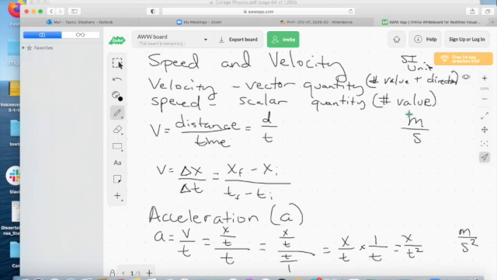So our acceleration is velocity over time, so it's going to be meters per second divided by seconds, which is meters per second squared. Each equation is going to build off a past fundamental property or equation. Once we start plugging everything in, that's how we come out with these SI units at the end.